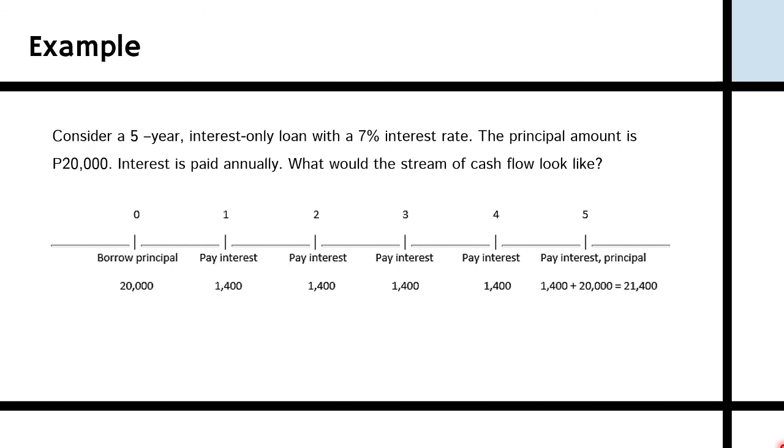Year 0 ay yung taon na nanghiram sila ng 20K and the rest of the years is yung pagbabayad nila ng interest regularly which is equivalent sa 1,400. And in the 5th year, bukod sa interest ay babayaran na rin nila yung principal na hiniram nila. So in the 5th year, hindi lang interest pati principal. So that is 1,400 plus 20,000, so 20,400 pesos.